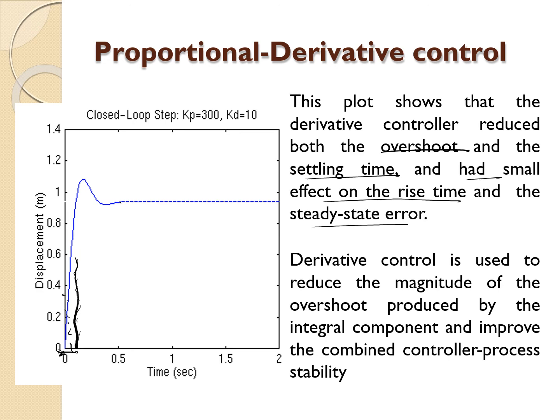Basically, derivative control is used to reduce the magnitude of the overshoot produced by the integral component and improve the combined control process stability. Okay, so in the P proportional response just now, we can say that there is a high overshoot, right?